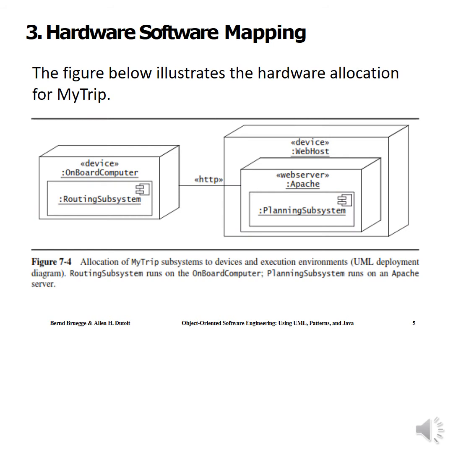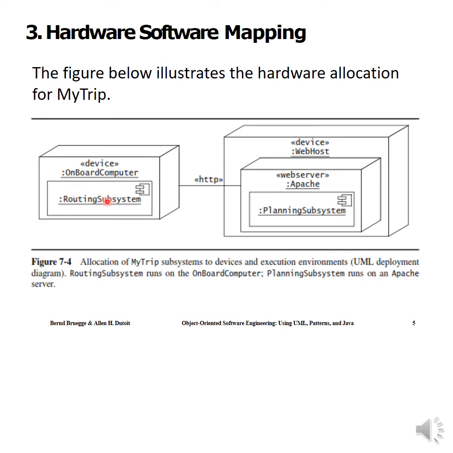So the figure below shows the hardware allocation for MyTrip. In MyTrip, from requirements we identified two subsystems, which are the planning subsystem and the routing subsystem. They run on two different nodes.